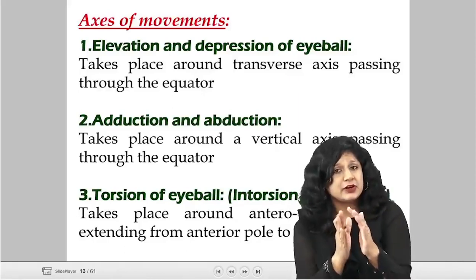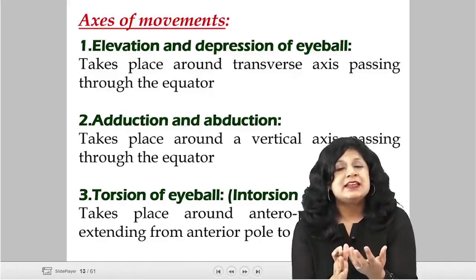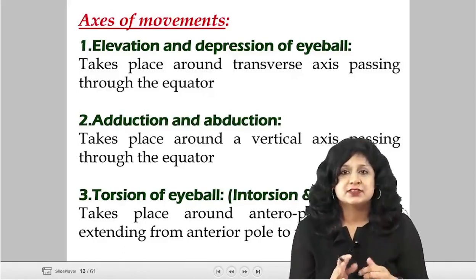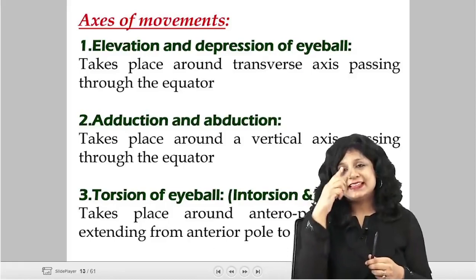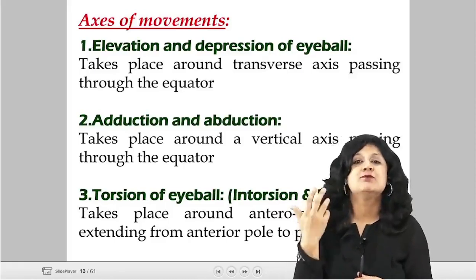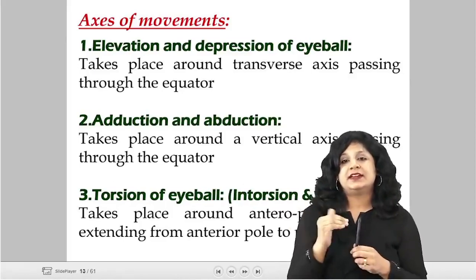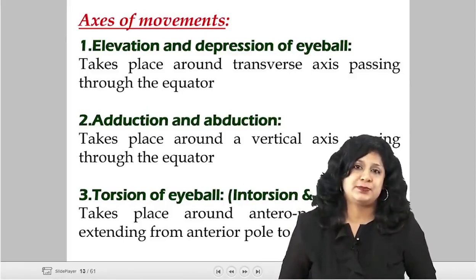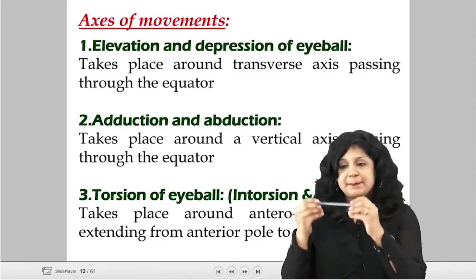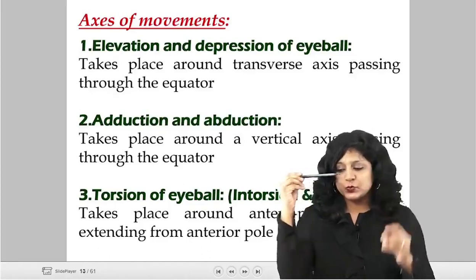Now these uniocular movements can be divided into three axes. We have three axes in the eye in which the movements can take place. Take the first one, elevation and depression. This takes place through the transverse axis.